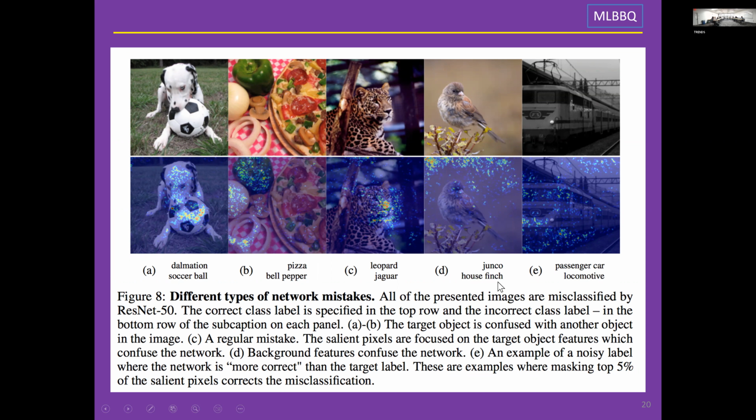No, house finch is actually another kind of bird, and Junco is another kind of bird. Okay, so they are misclassifying Junco as house finch. But I did not understand how background features actually confuse the network.